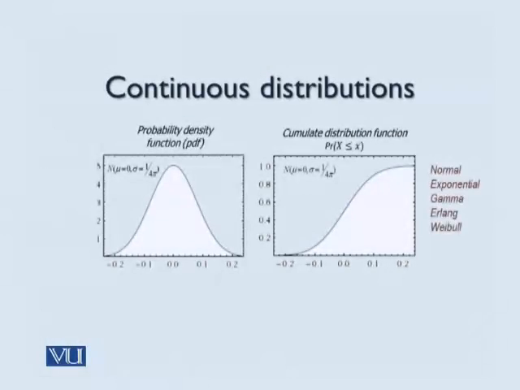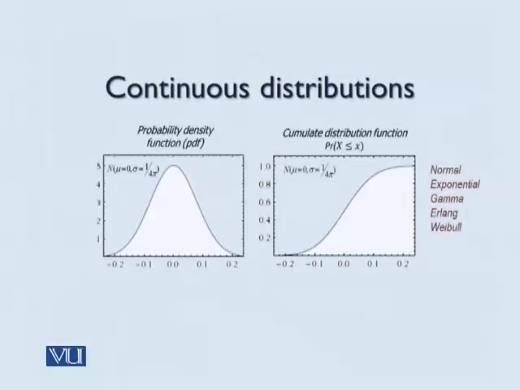Let us now change topics and talk about continuous distributions. We talked earlier that when we talk of a continuous distribution, the random variable can take a whole continuum range of values. Therefore, it does not make sense to say that the random variable is going to take an exact value.